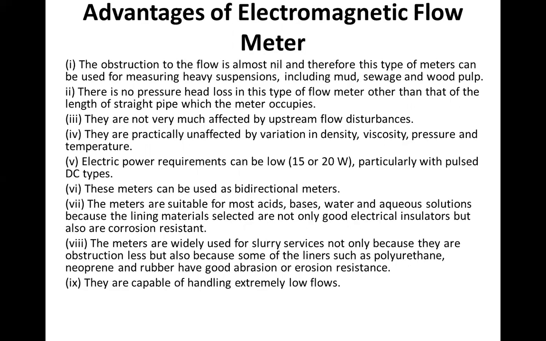They are not very much affected by upstream flow disturbances. They are practically unaffected by variation in density, viscosity, pressure, and temperature. Electric power requirements can be low, 15 to 20 watt, particularly with pulsed DC types. These meters can be used as bidirectional meters.